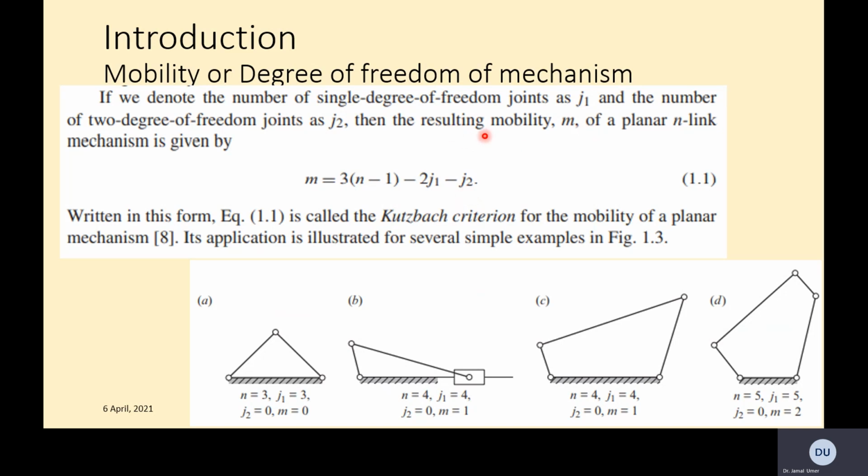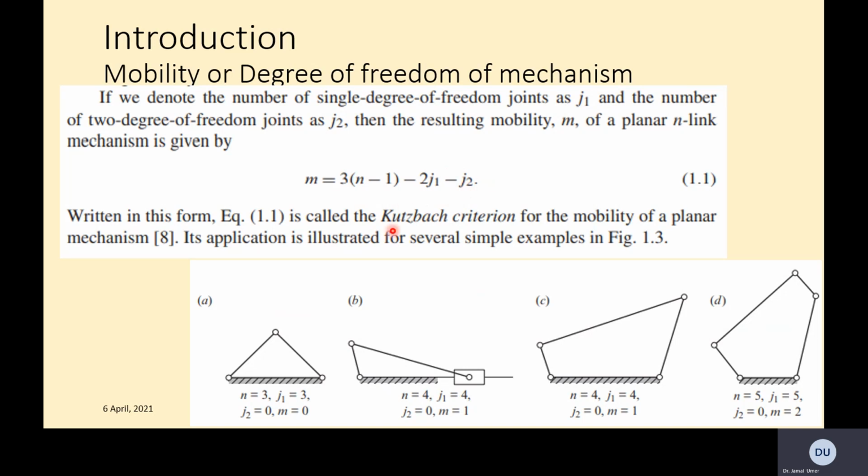And the resulting mobility M, which is basically degree of freedom as well, of a planar N-link mechanism. So N-link, N is basically the number of links, right? So you see this equation, from any mechanism you can work out how many links there are, how many 1 degree of freedom joints, how many 2 degree of freedom joints.